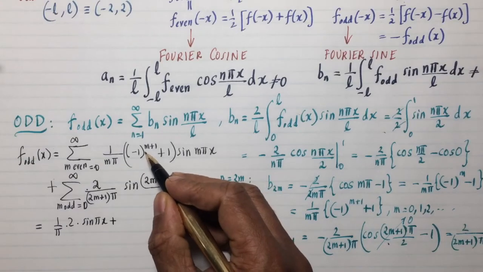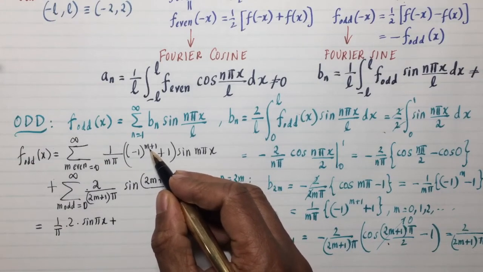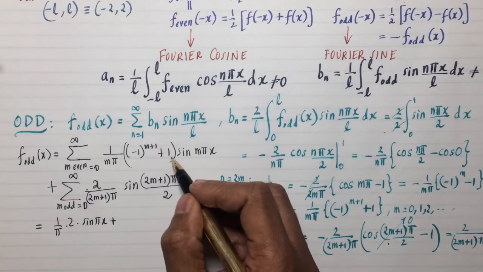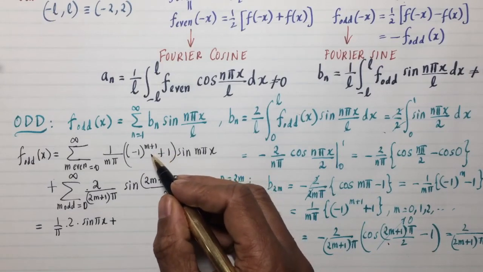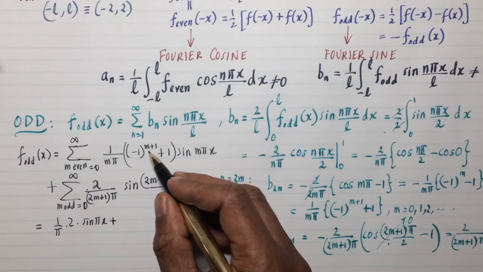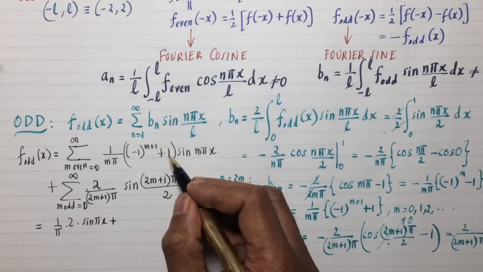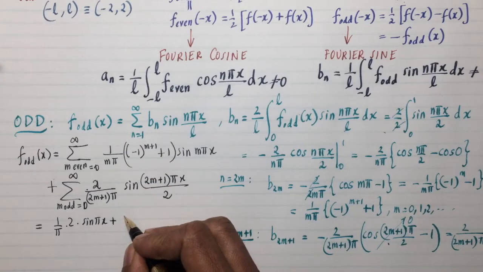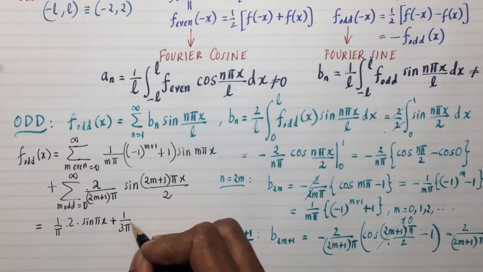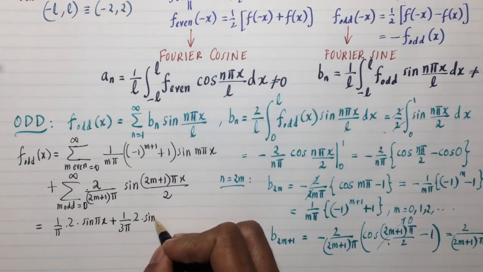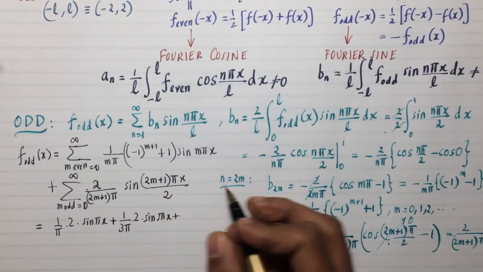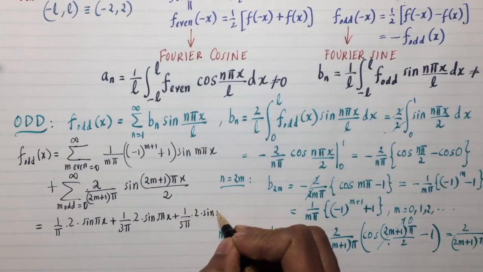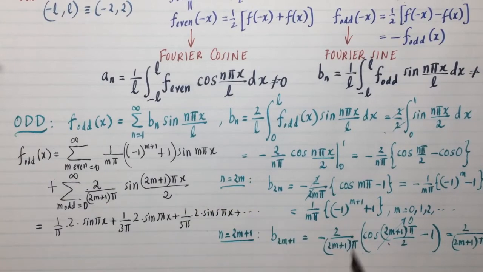For m equals 2, I'll get 2 plus 1, 3, and that's minus 1 to the power 3, which is minus 1, plus 1, which is 0. Then I have to go to m equals 3. 3 plus 1, 4, so that gives me 2 again. Only odd values of m contribute. So I get 3 pi 2 sine 3 pi x plus 1 over 5 pi 2 sine 5 pi x, and so on from this one.